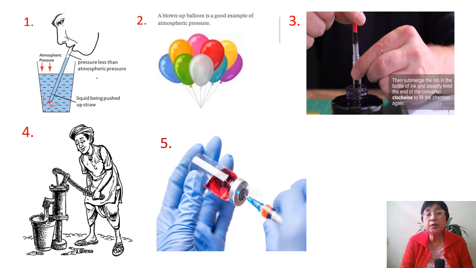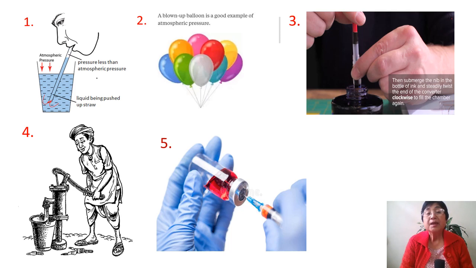So by squeezing, you are pushing away the air from the inside of the rubber tube, which you will see will come out as bubbles on the surface of the ink. So when air is released from the inside of the rubber tube, then you'll find that ink will get into the rubber tube and fill it.